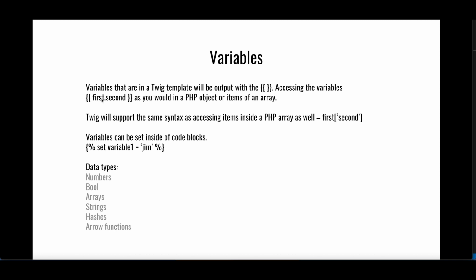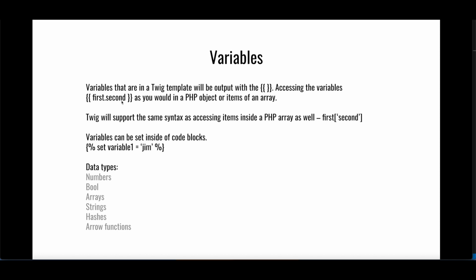If you want to grab the second level in a PHP object or array, you would do first dot second. So it's pretty easy to do. You can also write regular PHP formatting in there, so first, then your square brackets, and then second.